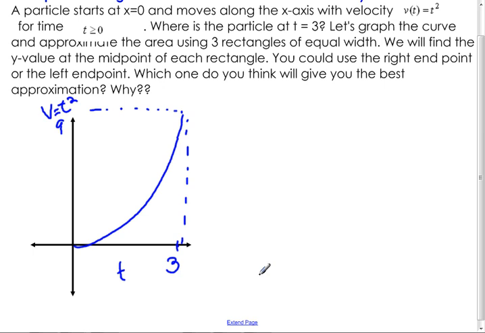And I'm going to do my best. What I do is then draw the rectangle, just the vertical piece of it. And then we're going to figure out what the rectangles are going to look like. We will find the y value at the midpoint for each rectangle.